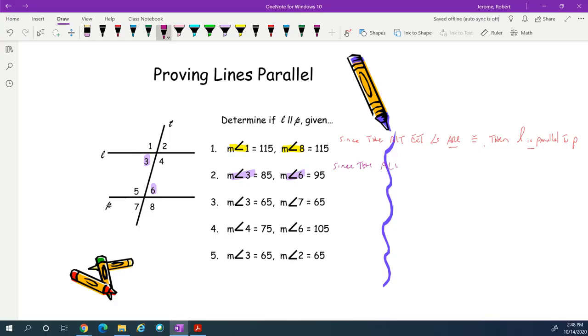Since the alternate interior angles are not congruent, L is not parallel to P. That's our thought process, that's our explanation. When the lines are parallel, alternate interior angles are congruent. Well, these angles are not congruent. So then the lines are not parallel.